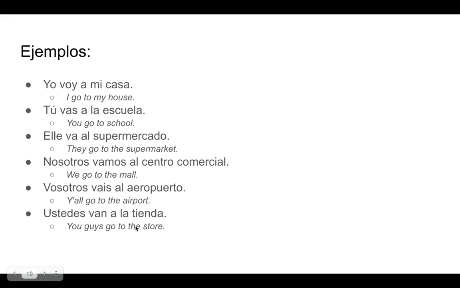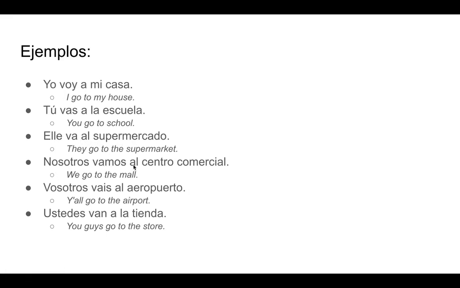So notice in each of these sentences, here's my yo voy, here's my word a, and then it's telling me where I go to. Tú vas a la escuela. Ella va a, in this case, al supermercado.